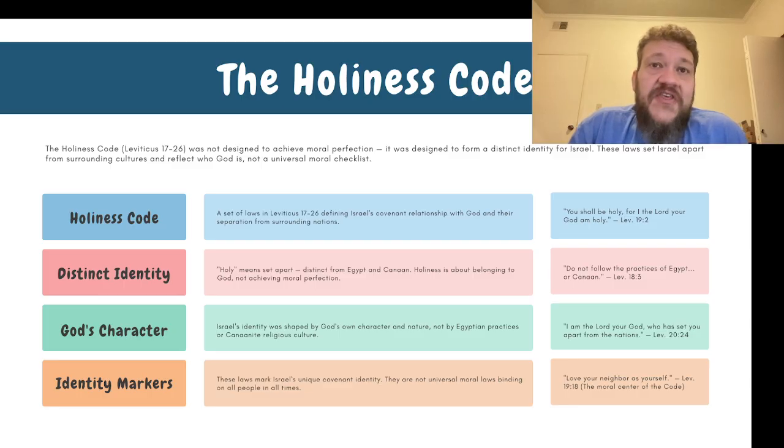Now, most common average Christians think that this was written during the 40 years prior to entering into the Promised Land. However, most likely it was not written until the late 7th century BCE, maybe even as late as the 6th and 5th centuries BCE.